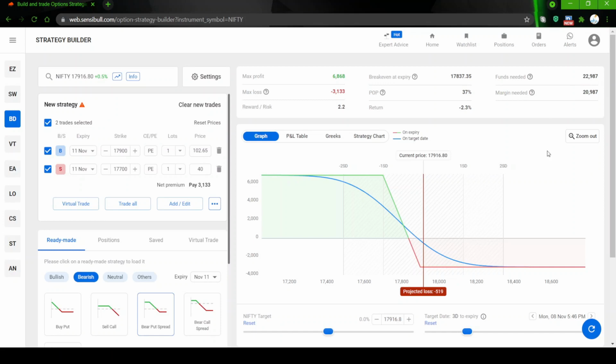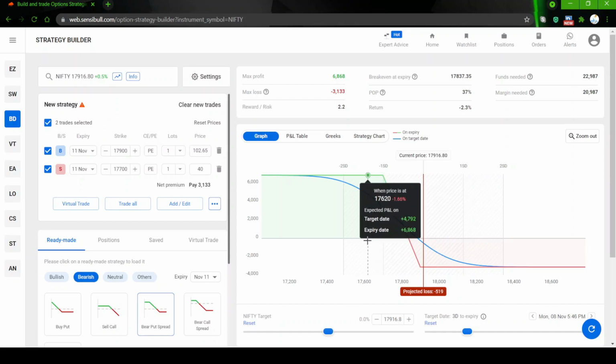Let us see in the graph how things work out. So today the market is at 17,900, and your view is bearish. By 11th of November expiry, we have a view that the market will go down to 17,700 and below.